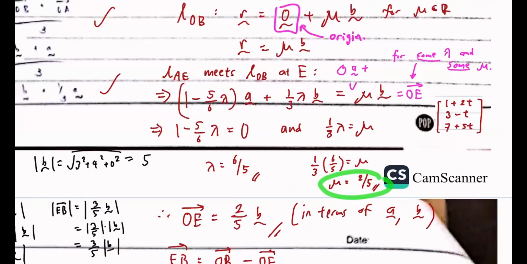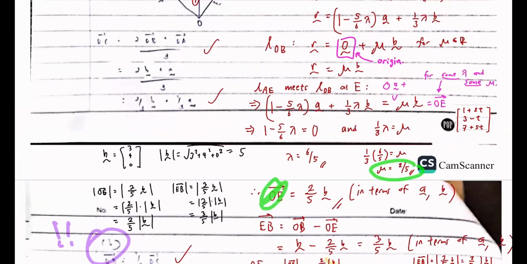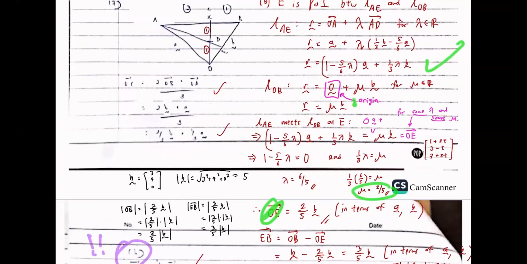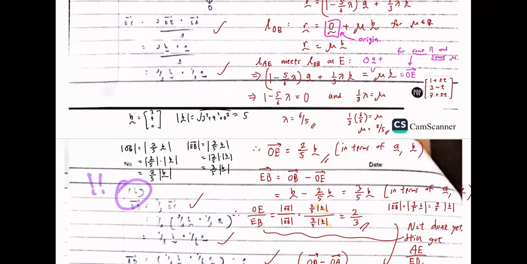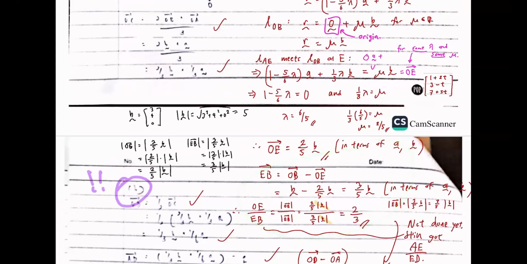Why? Because now I can solve for my vector OE. I just need to use either equation 1 or equation 2. Using mu equals to 2/5, I substitute over here, then I conclude vector OE is 2/5 of vector B. Then the rest of the working I already explained just now. Don't need to explain again.